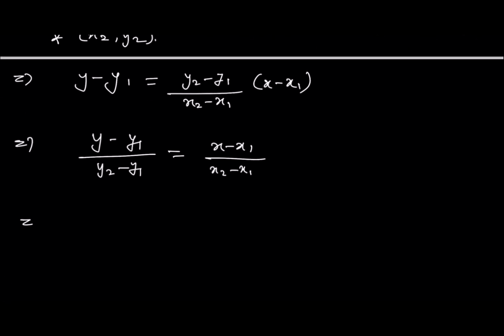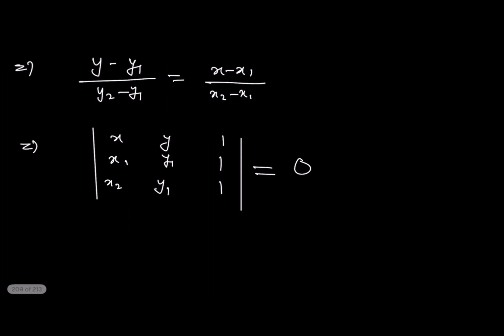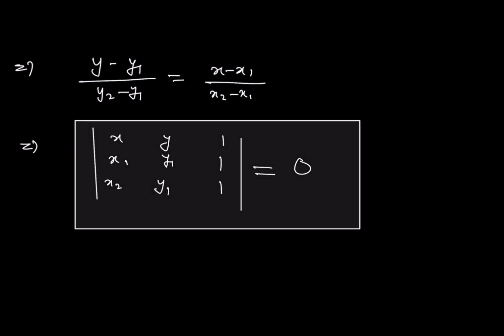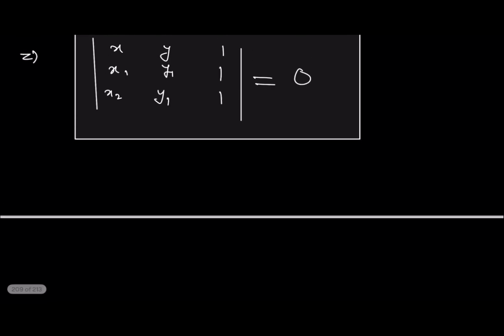This can also be written in determinant form. So this is nothing but the determinant x y 1, x1 y1 1, x2 y2 1 is equal to 0. This is the required equation of the line.